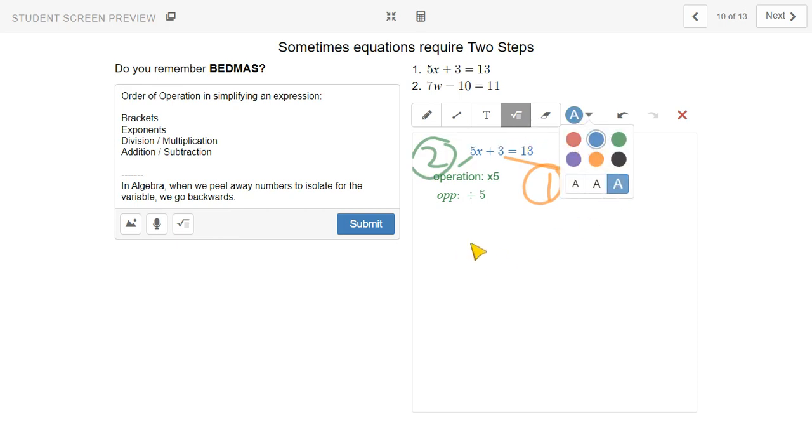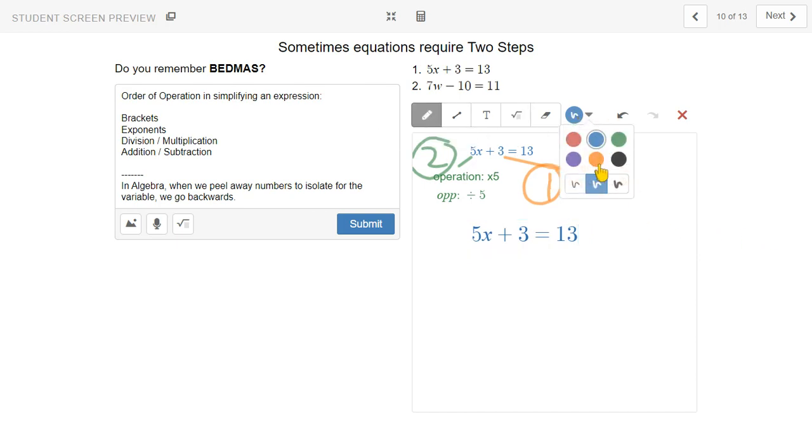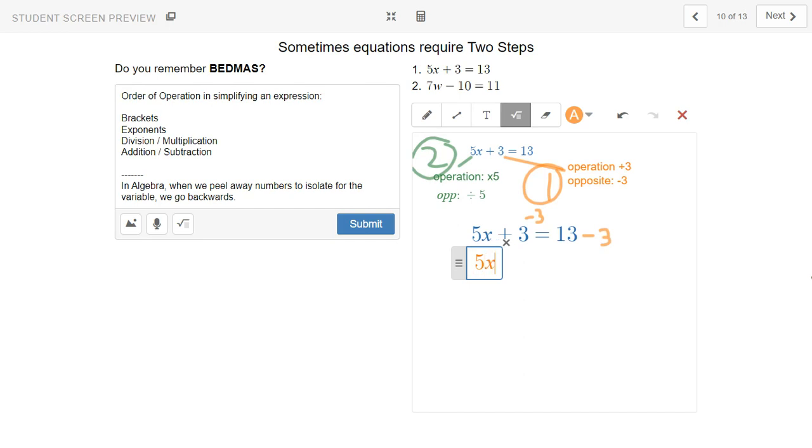Okay, let's rewrite the equation. 5x plus 3 is equal to 13. Now, I'm going to subtract 3 on both sides. So minus 3, minus 3. So simplified, I would have 5x, 3 minus 3, that's 0, is equal to 10.